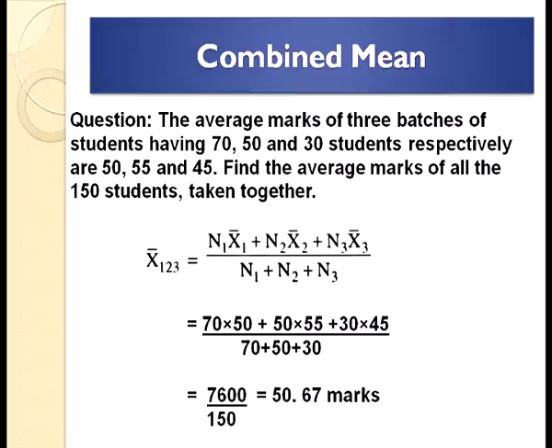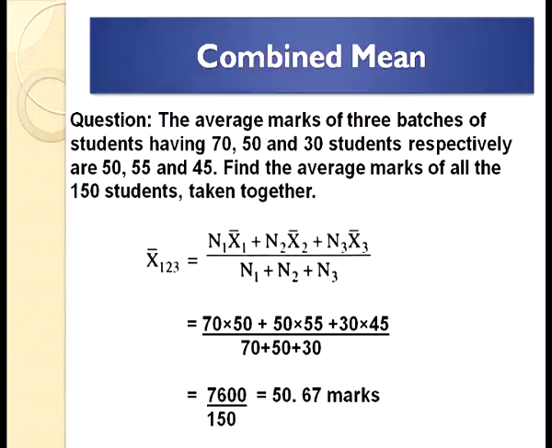Now, the question asks to find the average marks of all the 150 students taken together. So, here we have the number of observations as 70, 50, 30. Mean is given to us as 50, 55 and 45.